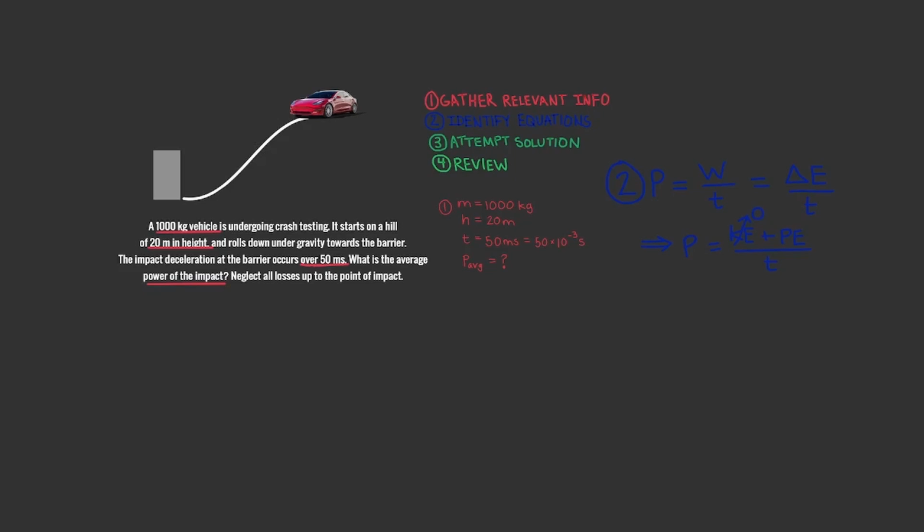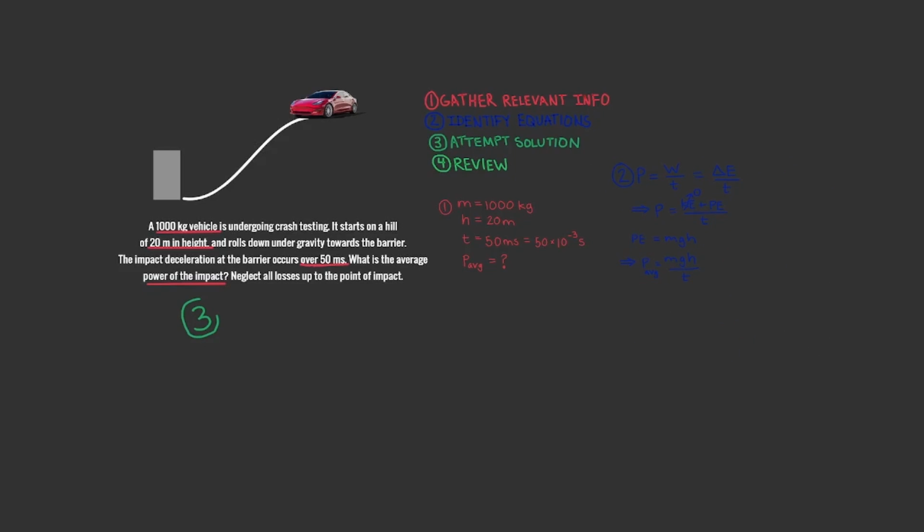There's no kinetic energy initially, so that's equal to 0. And that means that our power average is just going to equal potential energy over time. Potential energy is equal to mass times gravity times height. So P average is going to equal mass times gravity times height divided by time.